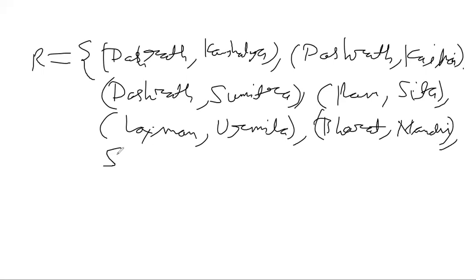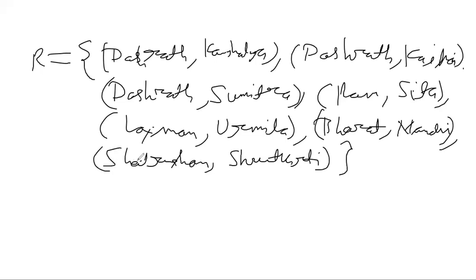Then last we can write Shatrughan and Shrutkirti. So this is the whole set that I was talking about. This is called a relation. If you are told to write a relation between them with the condition that R means was husband of. Now we will take further examples that will make it more clear.